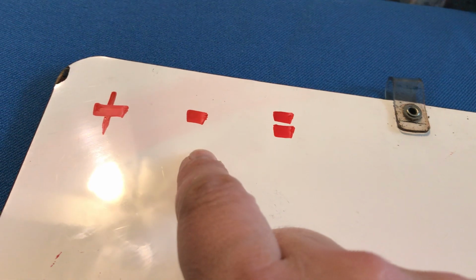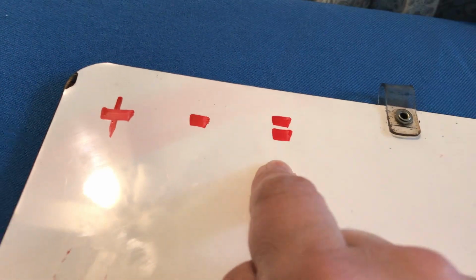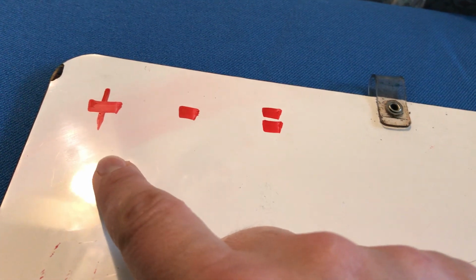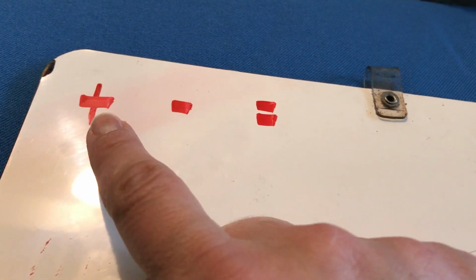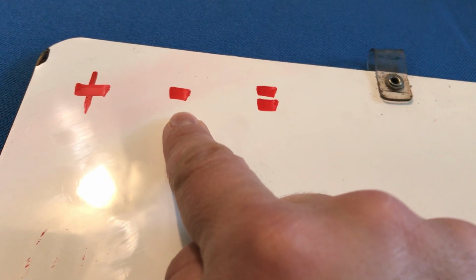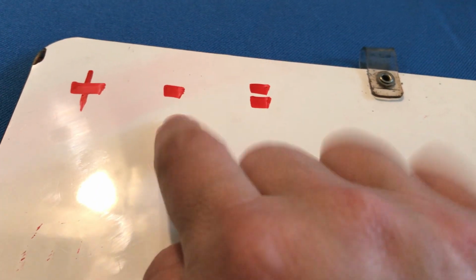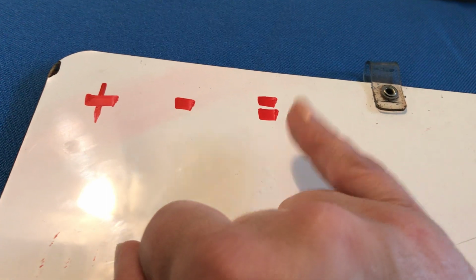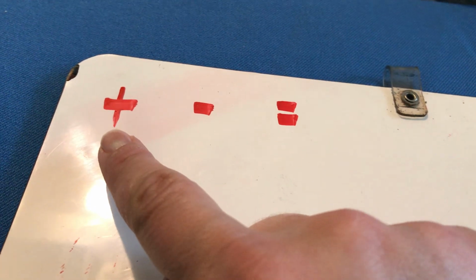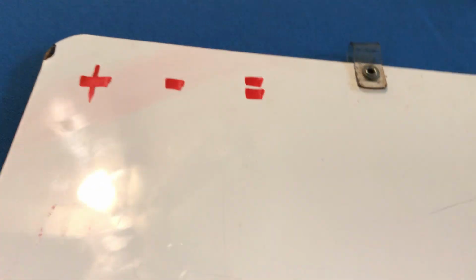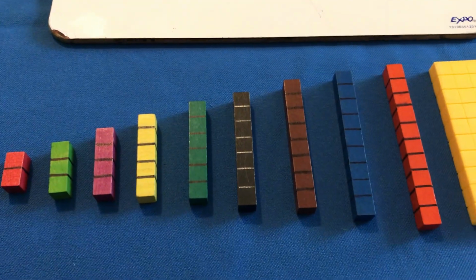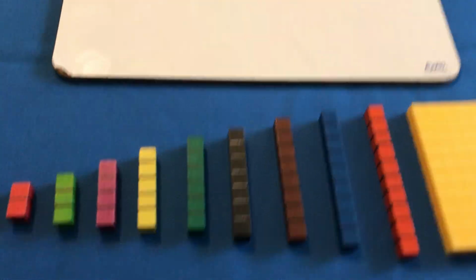Also, we can call them adding or plus, subtraction or minus, and there's only one way to say equal, and that is equal. We're going to use my lovely little blocks, and we're going to figure out some of our problems today.